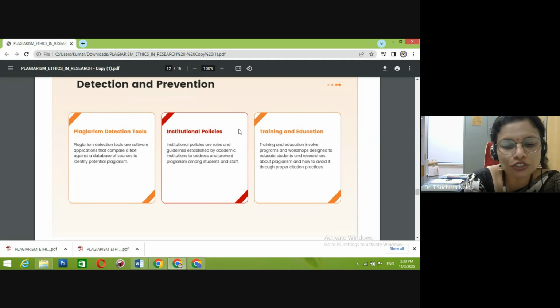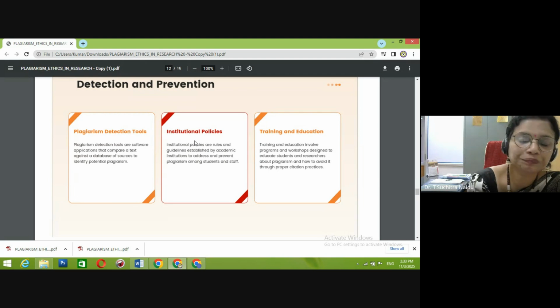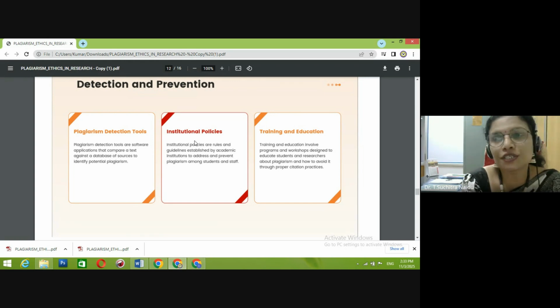Then training and education. Definitely the research cell in every institution has to conduct workshops and seminars on what intellectual property rights are. It's been made a mandate now in higher education that through IIC, the Institutional Innovation Cell, we have one program, one workshop or seminar on IPR made mandatory for all our graduation students, post-graduation students, and the faculty on campus.